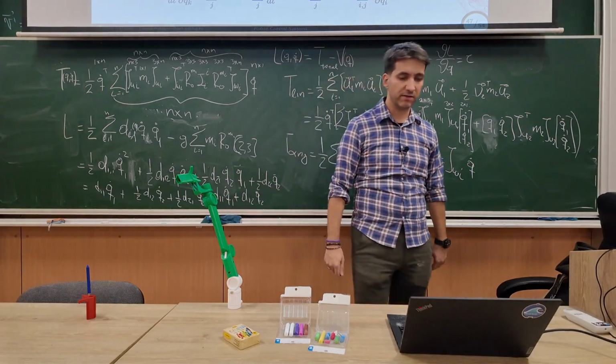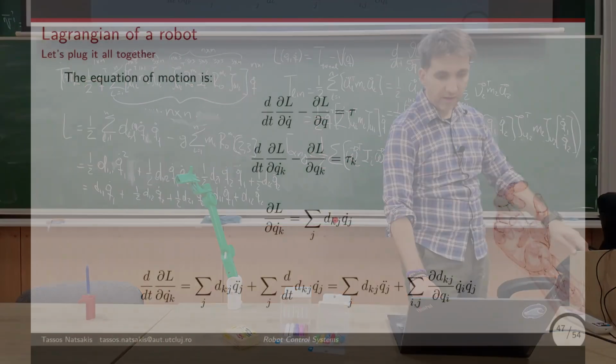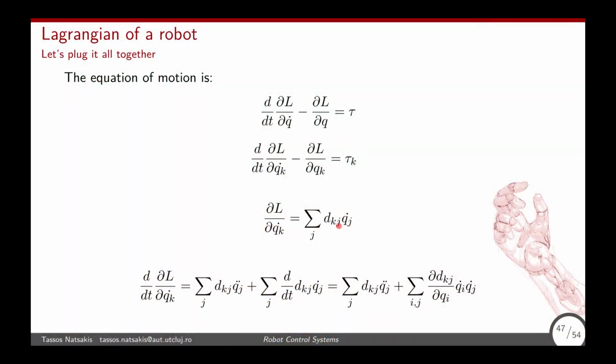So it's a more complex derivative. I have basically, seeing it a bit simple, I'm almost done. D being a function of Q, a function of time.